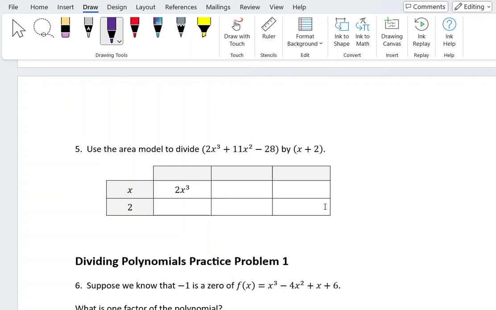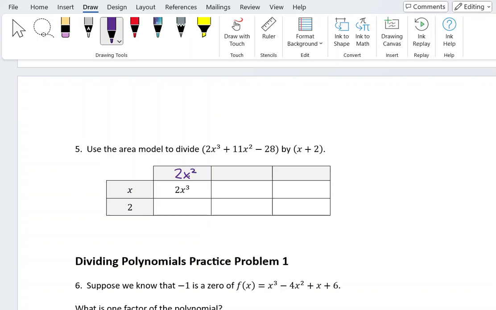All right, we'll do one more example in this video. We're going to divide 2x to the third plus 11x squared minus 28 by x plus 2. So we have x plus 2 along the left, and we start by putting 2x to the third in this upper left corner. Now I can figure out what goes above it.